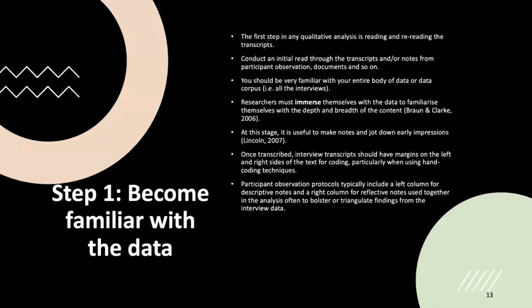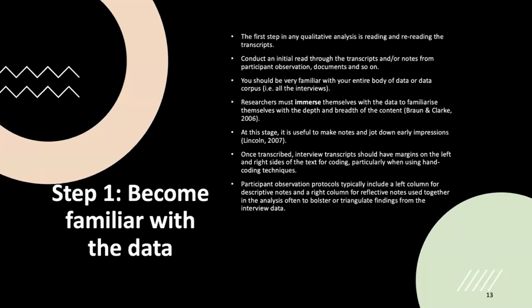After that, you will conduct an initial read through the transcripts and/or notes from participant observation documents and so on. From there, you will have some idea of what your data is like. So it's important that as a researcher, you immerse yourself in the data to familiarize yourself with how much depth and breadth you have in the content.